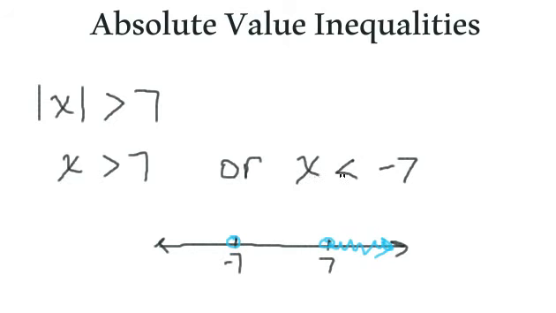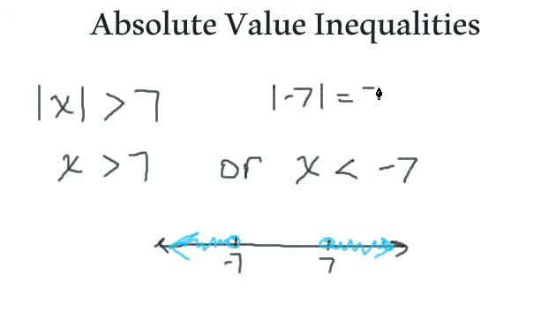And then this one here says x is less than negative 7, so that'd be everything going in this direction. You can choose any number to the left of negative 7, except you can't choose negative 7. But let's just say we did choose negative 7. If I were to plug negative 7 in up here, what is the absolute value of negative 7?